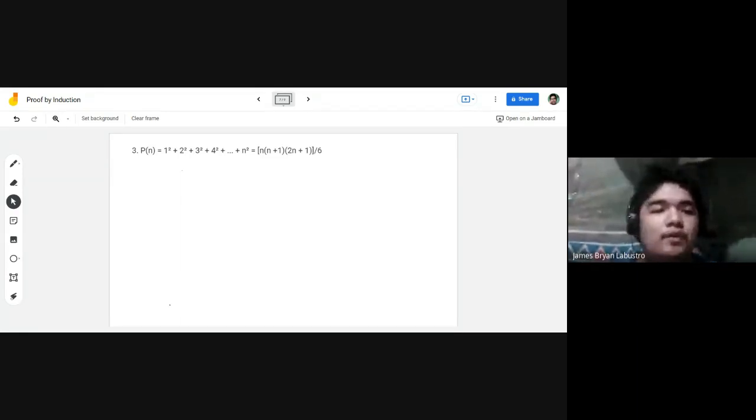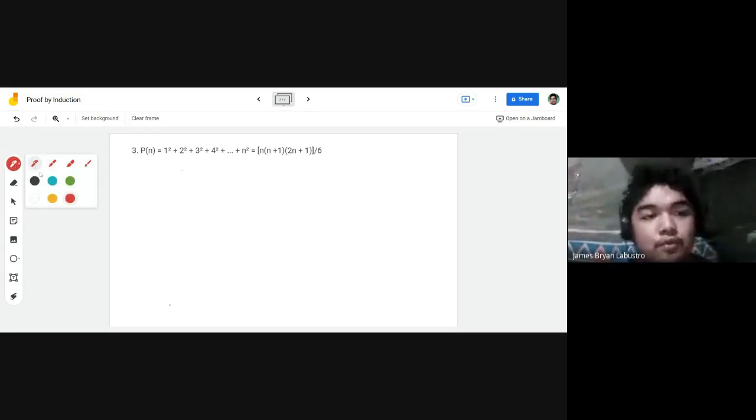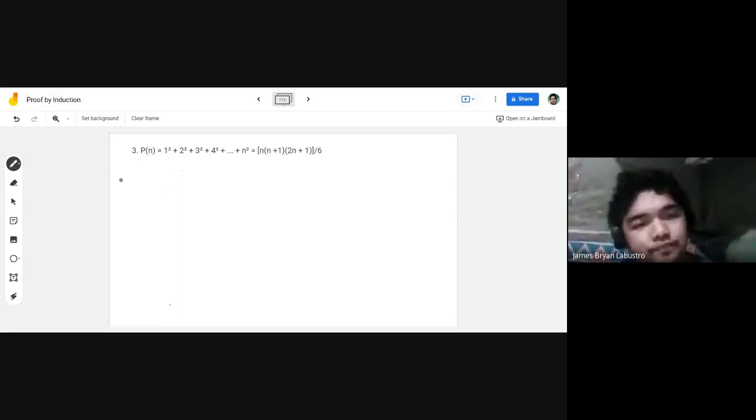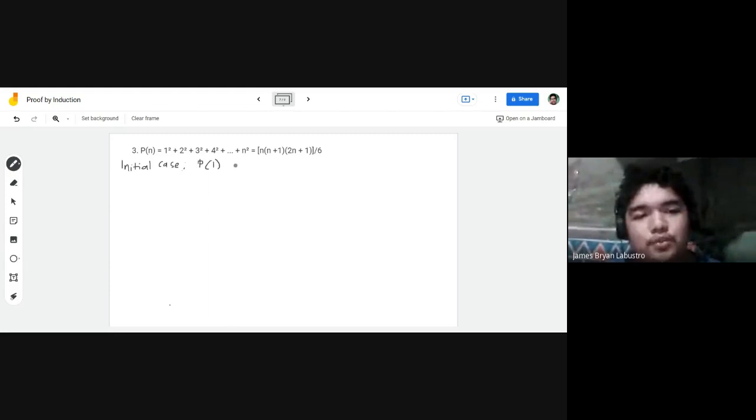We must first have the initial statement. For the initial statement, we're going to prove P of 1 is true. It is really important to have an initial case, where P of 1 is true.